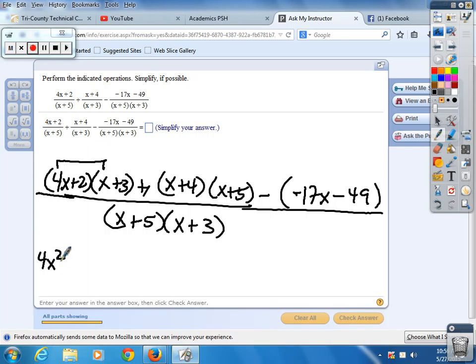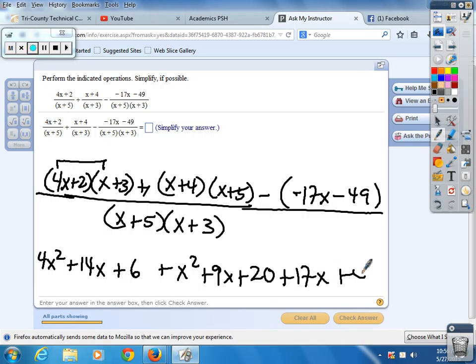All right, 4x squared. 4 times 3 is 12, plus 14x plus 6 plus x squared plus 9x plus 20 plus 17x plus 49 over the common denominator.